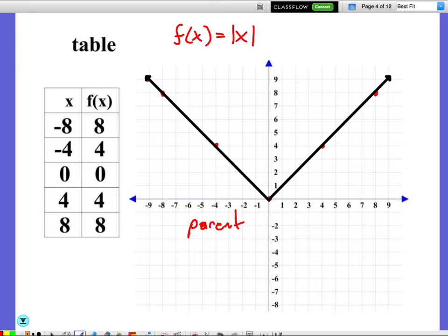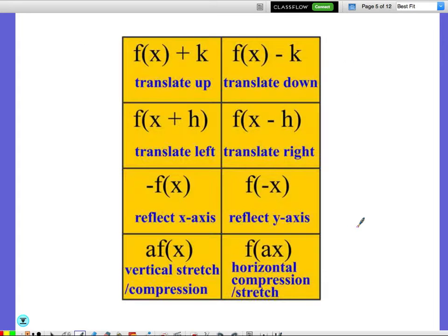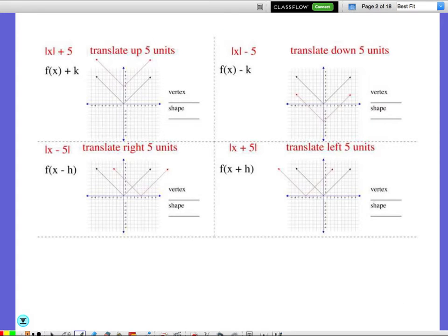And one thing I want to point out about this absolute value is that the vertex, the point where the lines meet, is going to be at the origin. So the vertex is always going to start at the origin for the parent function. So as you can see, all of these graphs here have the parent function in black.